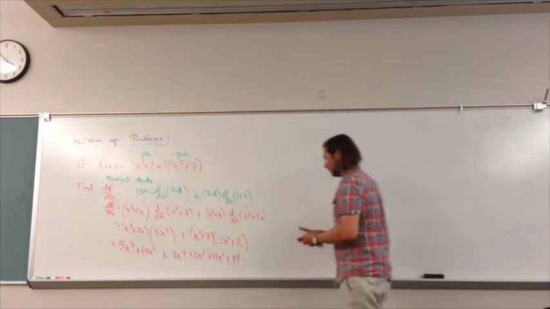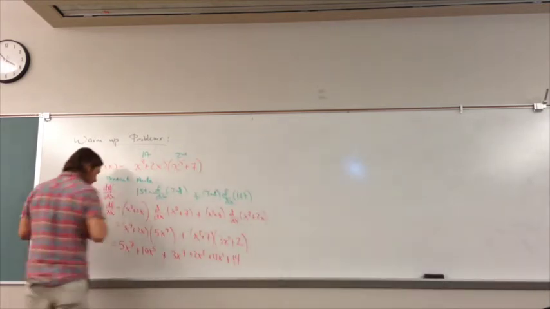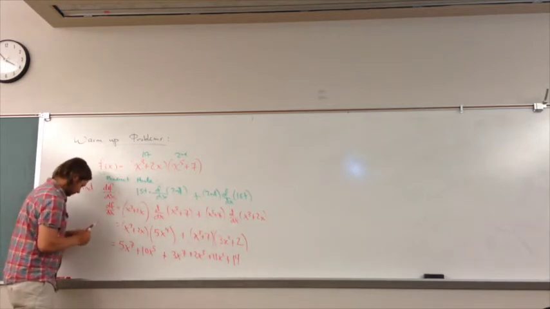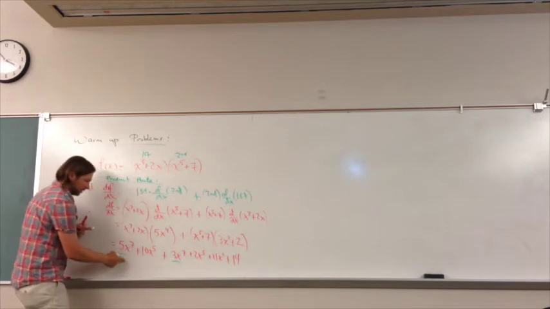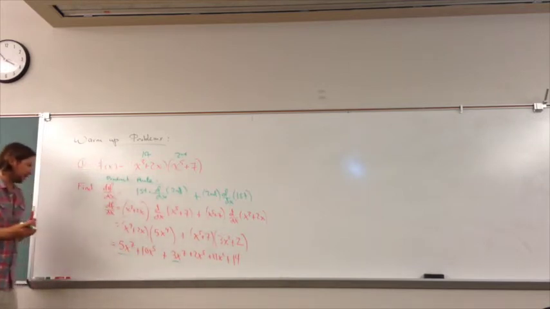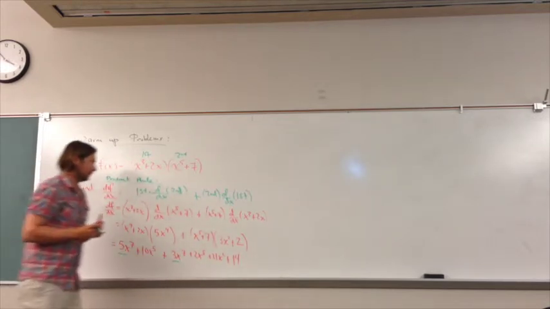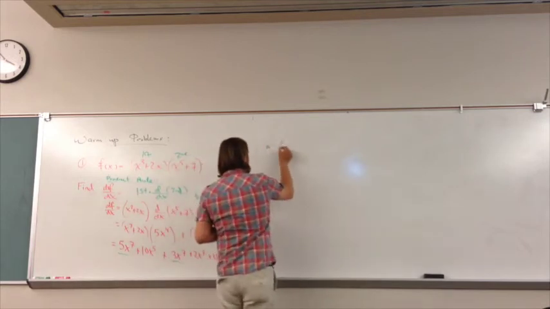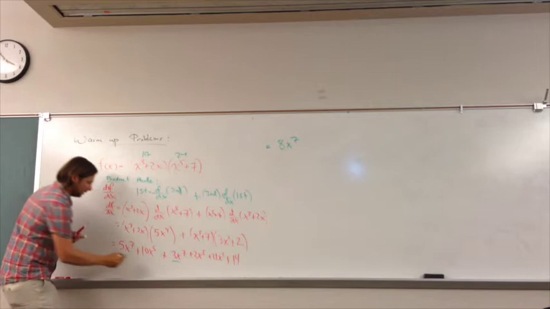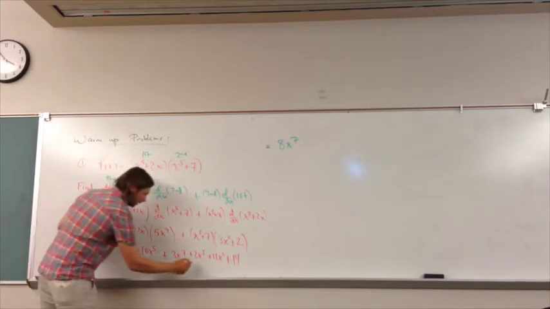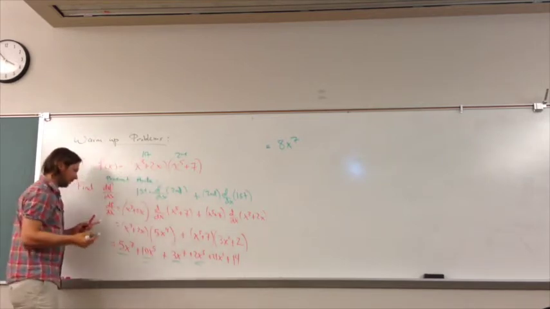And now to combine like terms, I'm going to look for, well, 5x to the 7th plus a 3x to the 7th will give me 8x to the 7th. And then a 10x to the 5th plus 2x to the 5th will give me 12x to the 5th.